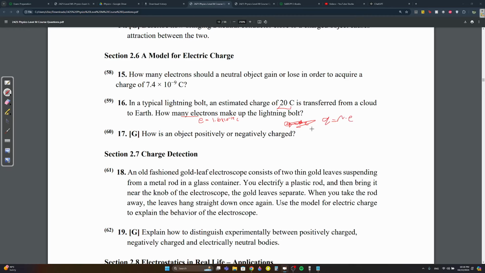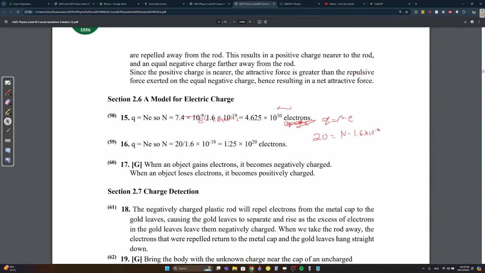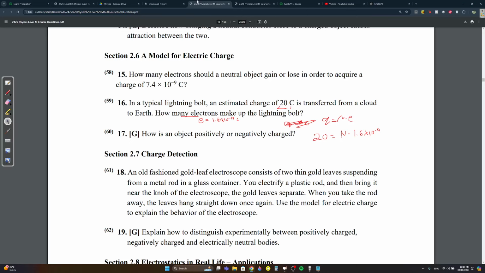The final charge, 20, is equal to the number of electrons times this, which is this. You put this in the calculator. I'm going to look at the solution. 1.25 times 10 to the power of 20. e should be given to you in the question. Okay, if it's not, just use this value.